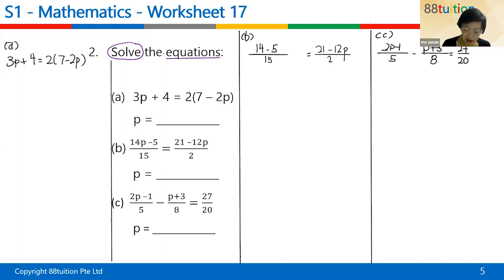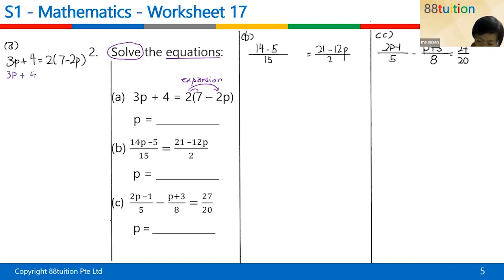Let's take a look at the first one: 3p plus 4 equals 2 of 7 minus 2p. The first thing you can do is the expansion of this algebraic expression. If not, it's very difficult for you to do it.